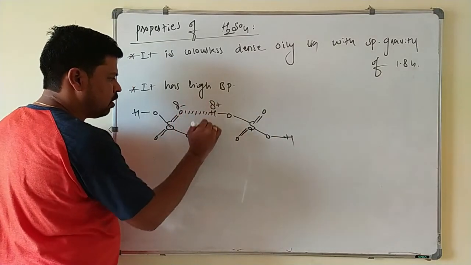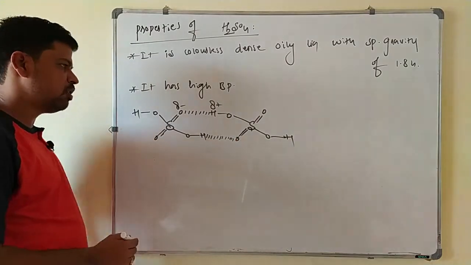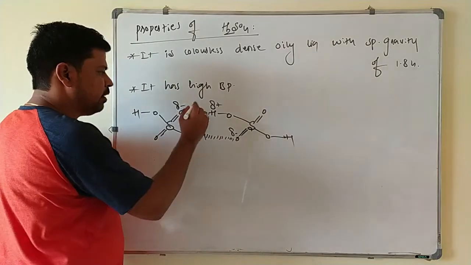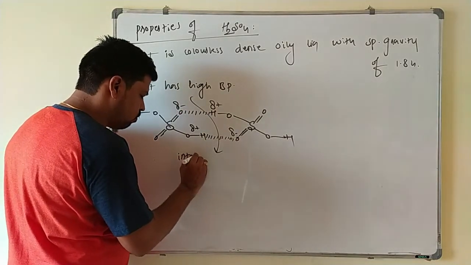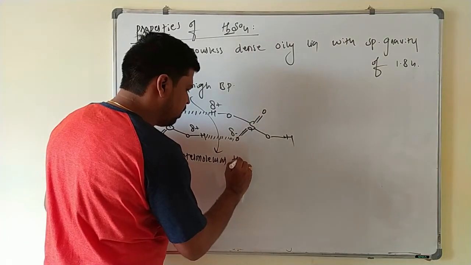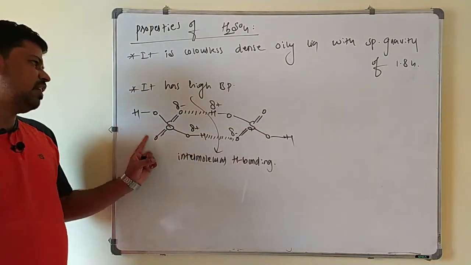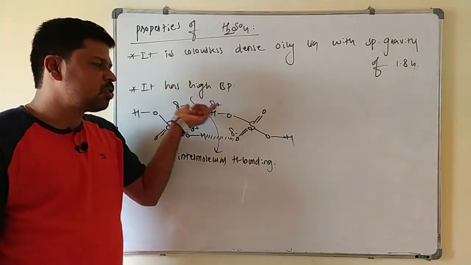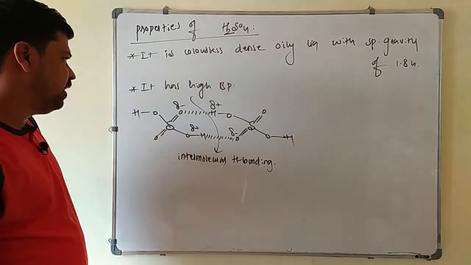There is intermolecular hydrogen bonding between the hydrogen of one molecule and the oxygen of another molecule. So because of this, it has a high boiling point, and its thickness or viscosity is because of its intermolecular hydrogen bonding.